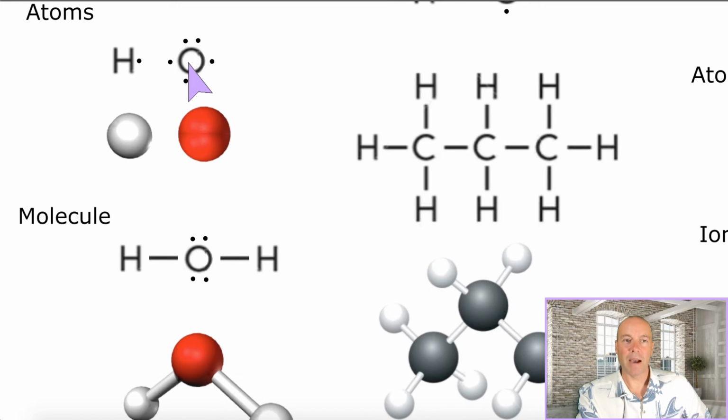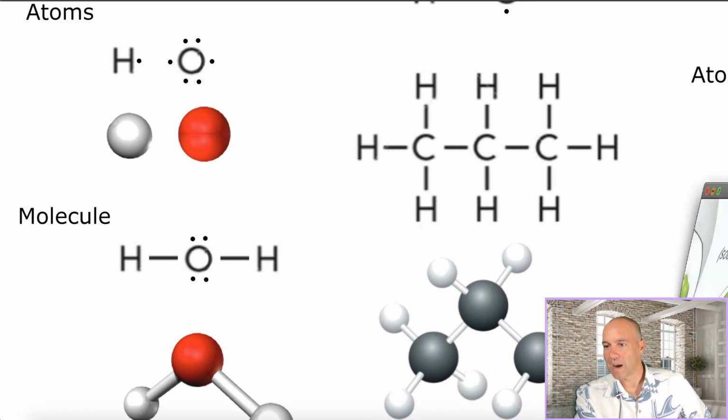So you see, by oxygen gaining 2 electrons, you see it started with just these, but with this hydrogen sharing its 1 and another hydrogen sharing its 1, it's kind of like oxygen got 2 more electrons. And when oxygen gets 2 more electrons, it becomes like the noble gas neon.